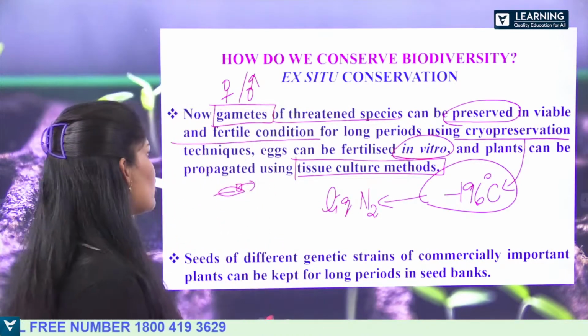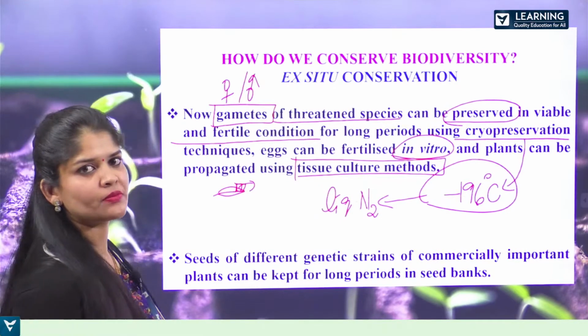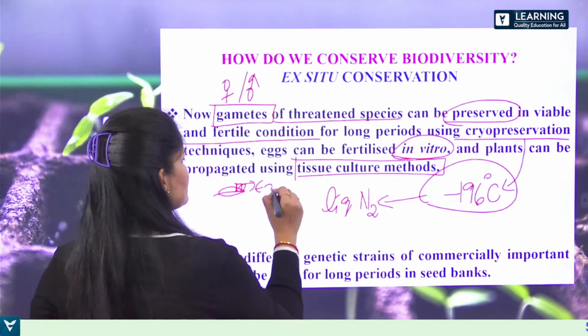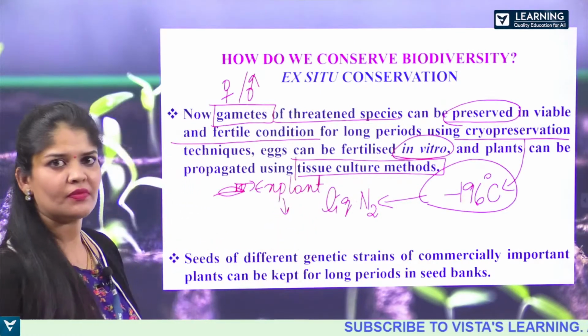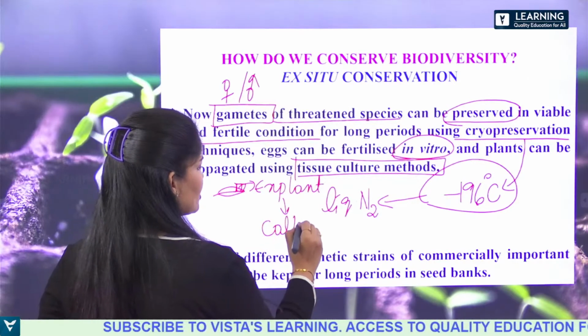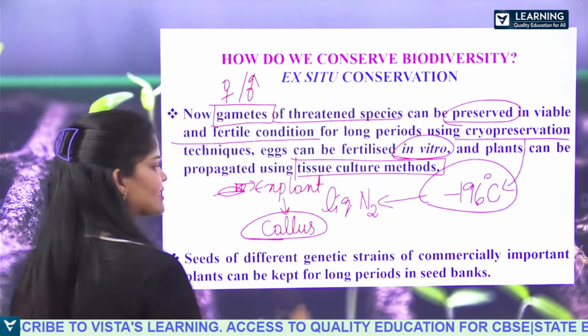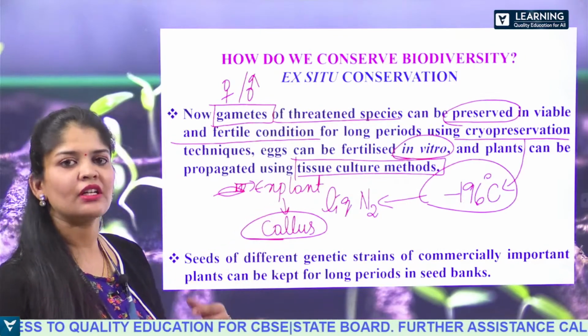Here, somatic cells can also be used. A small explant is placed to produce a group of cells, an undifferentiated mass of cells called callus. From this callus, we can produce new plantlets.